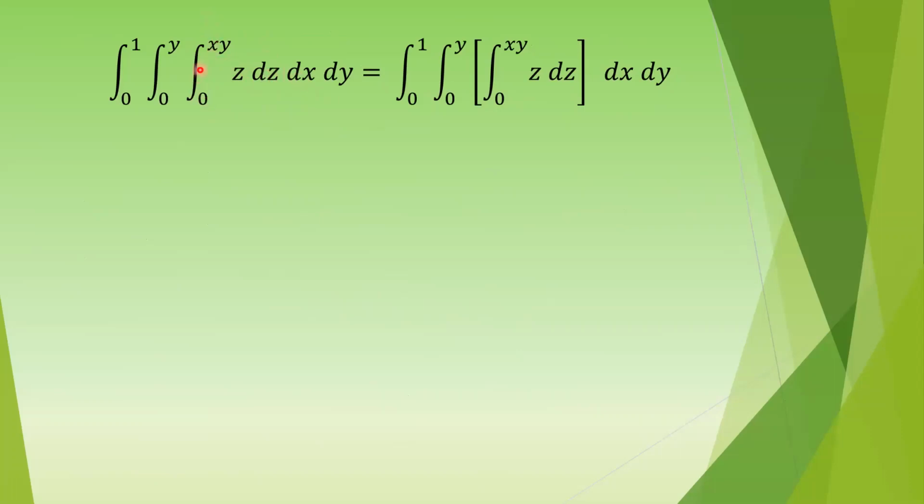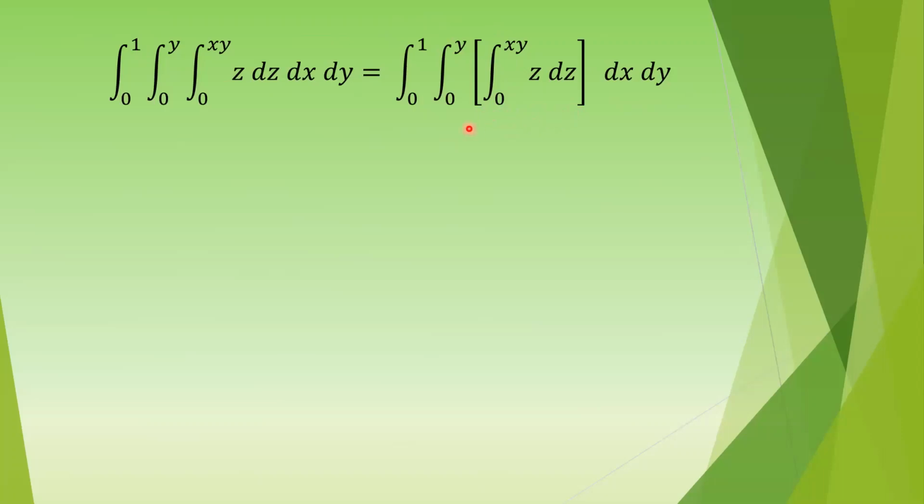Itong dx, kasama niya yung 0 to y. Yung dy, sa pinakadulo, 0 to 1. Binukod ko muna siya. Gamit ako ng bracket. Yung muna pinakagitnang kunin natin. Z, dz, 0 to xy. Binukod ko lang si dx, si dy, saka yung dalawang integral sign natin. So, ito muna ang loob.